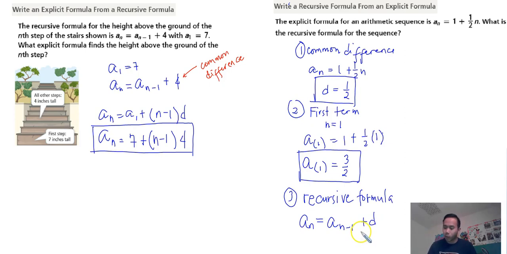We substitute 1/2 for d. So a sub n is equal to a sub n minus 1 plus 1/2. Okay, so this is now your recursive formula. But always remember that for the recursive formula, you need your a1, which is equivalent to 3/2.